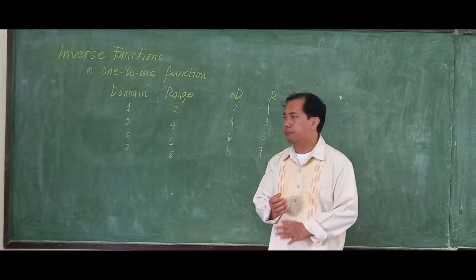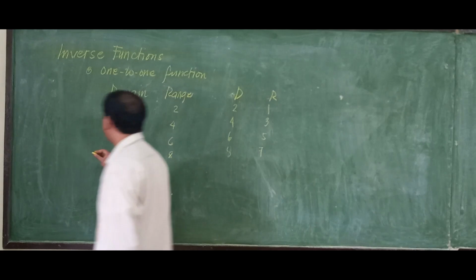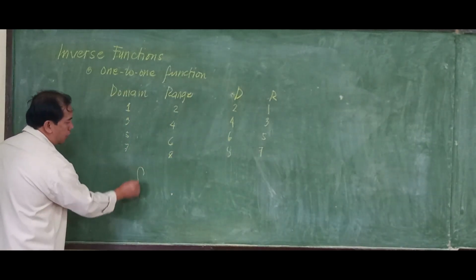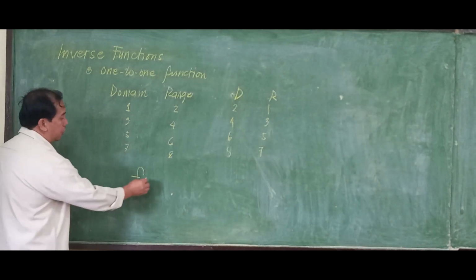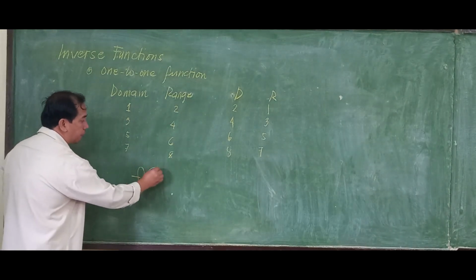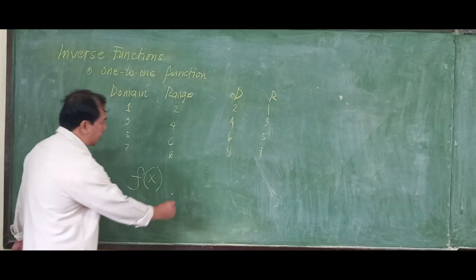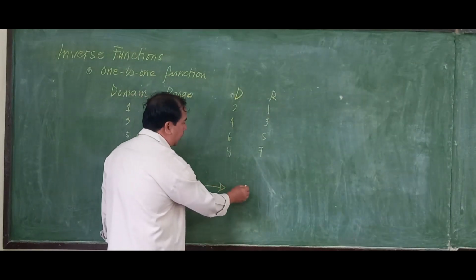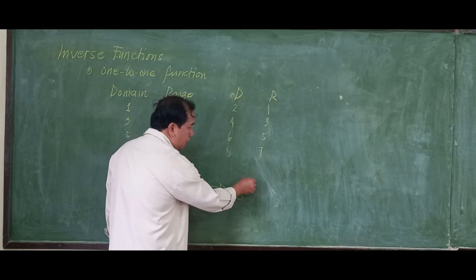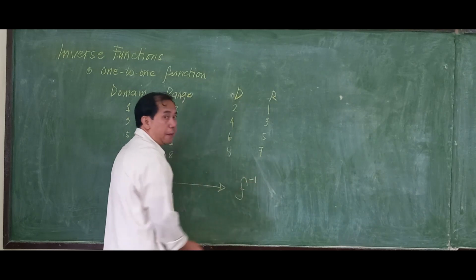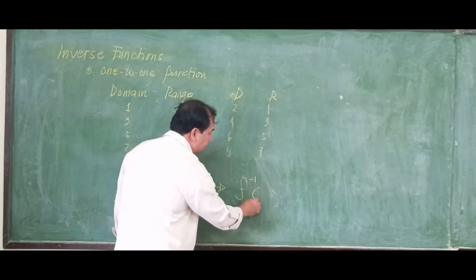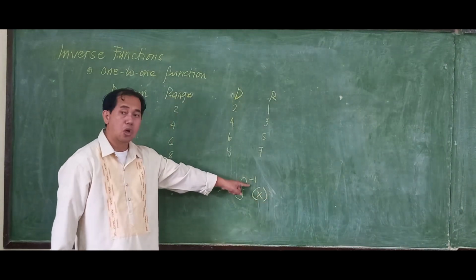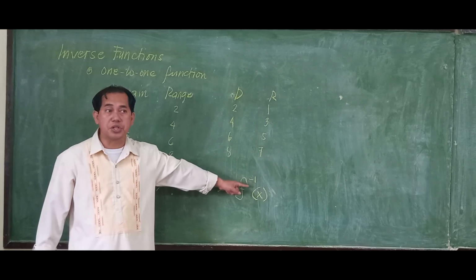So, if we have the original function represented by f of x, the inverse of this one would be f raised to negative 1 of x. Okay? So, if you see this symbol, this pertains to the inverse.